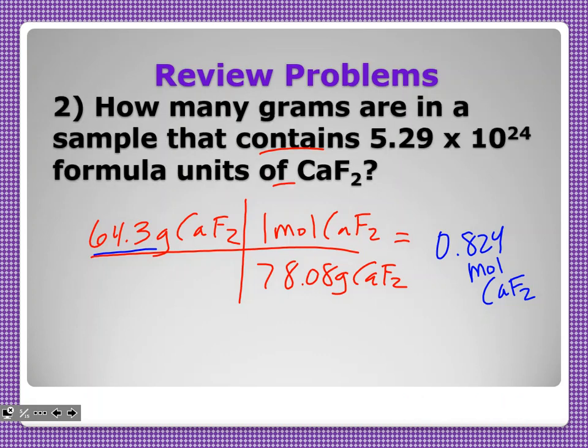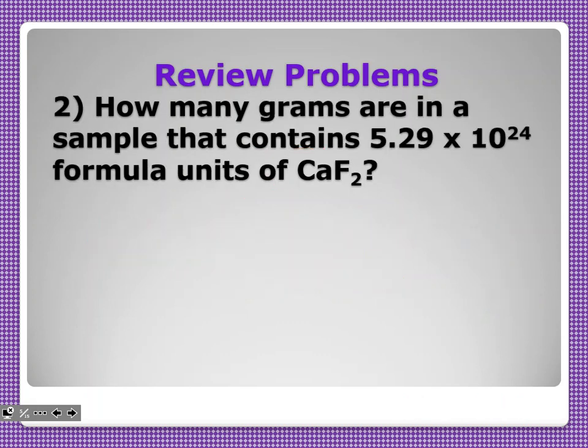Now, next one. This one involves starting with formula units and going to grams. So the word mole's not up there. We know how many steps at least this will take. At least 2. So, starting with our formula units, our given information goes in the upper left corner.